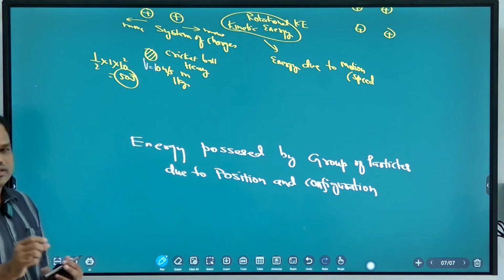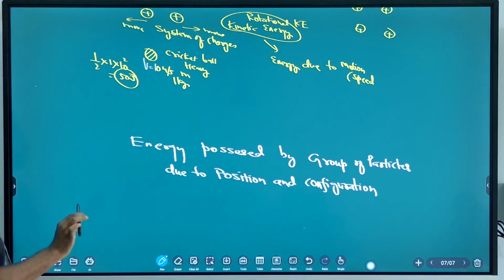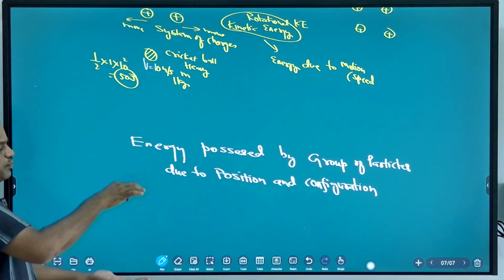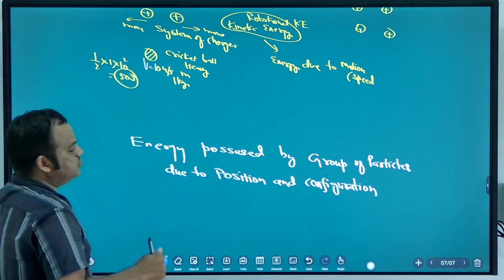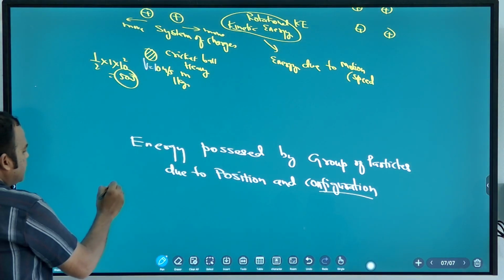Position means where is the particle? Particle is here, here, here. Like for example, this pen. This is ground, earth, this is the planet. The pen is here or here or here. So what is the position? And configuration means suppose 3 particles are there. How are they arranged?